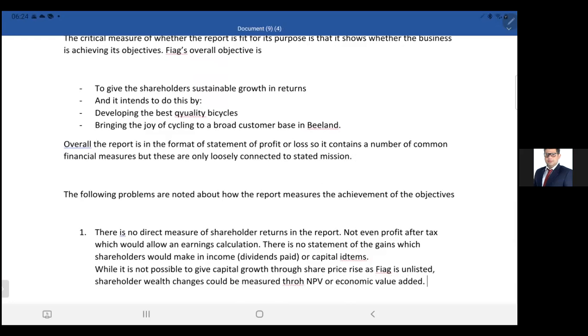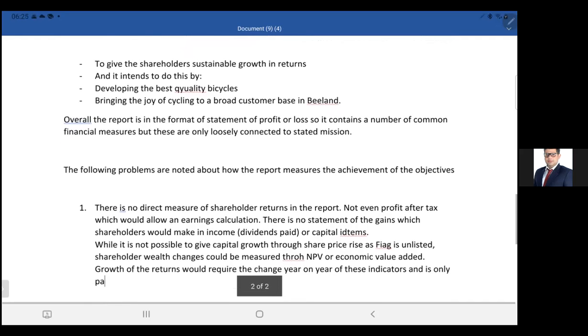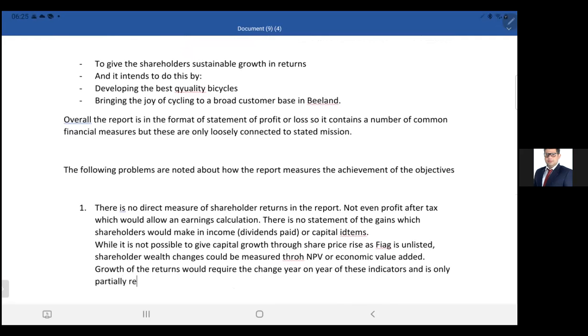Growth of the returns would require the change year on year of these indicators and is only partially recognized in the existing report.